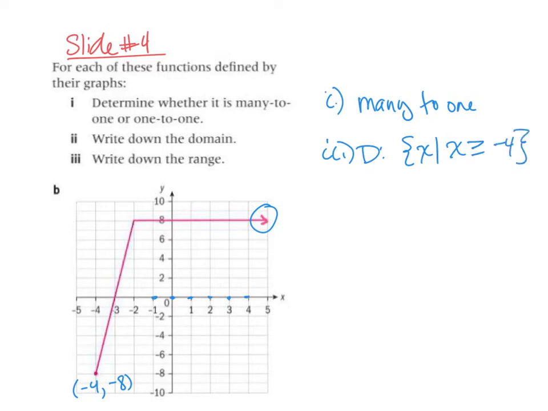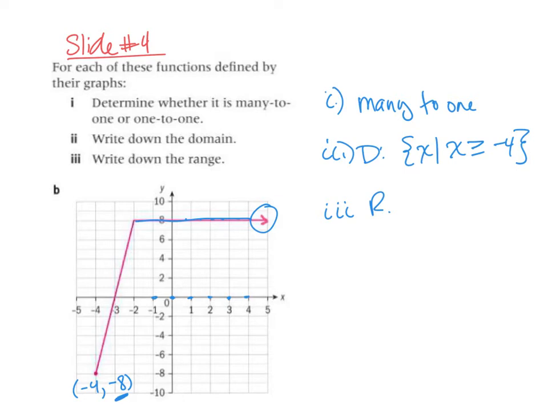Now I've seen some people turn that around and say -4 is less than or equal to x, which is not incorrect, but best practice, whenever you're writing an inequality that involves a variable, is to name the variable first. And then for the range, look at that bottommost point; the y value of that point is -8. Since this graph levels off here, all of these points have a y value of 8.